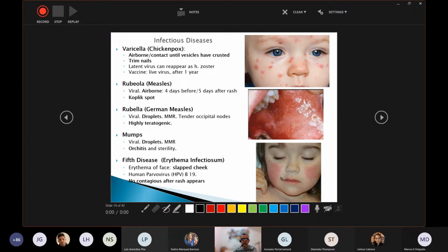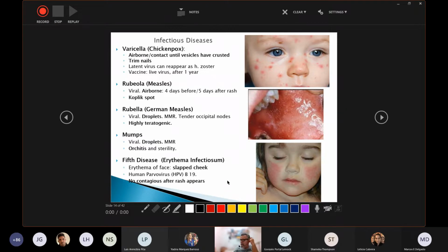You see that? So it's localized in the cheek, like a slapped cheek. When the rash appears, generally after 2 days of fever, the child is not contagious anymore.